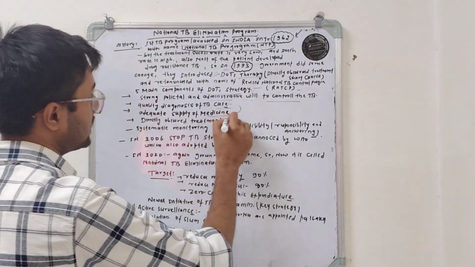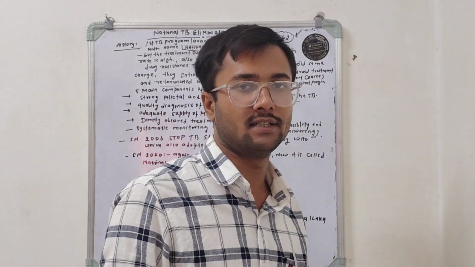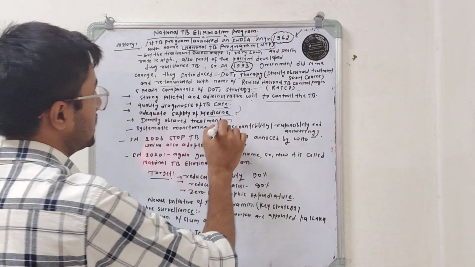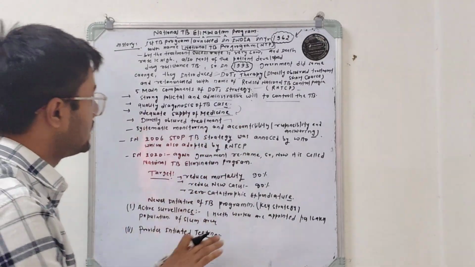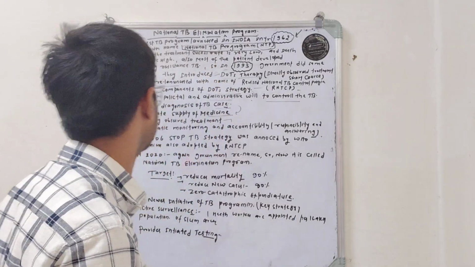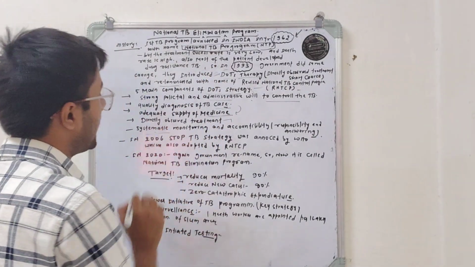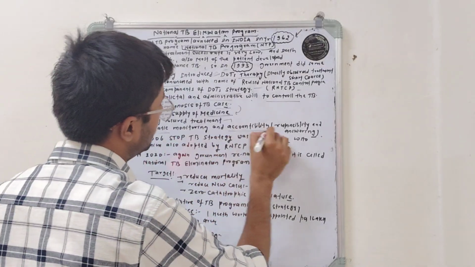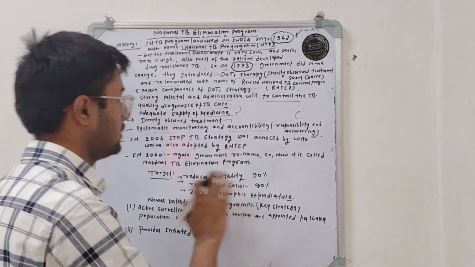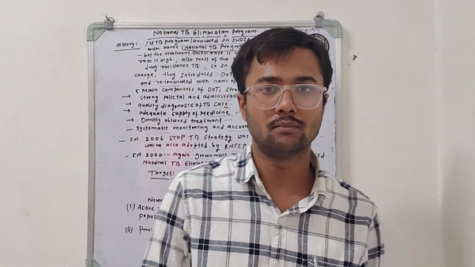The fourth thing, based on the name of this strategy, is DOTS: directly observed treatment short course. It is ensured that patients swallow the medicine in the presence of a healthcare worker. And the fifth thing is systematic monitoring and accountability. Accountability means responsibility or answering for any issue.